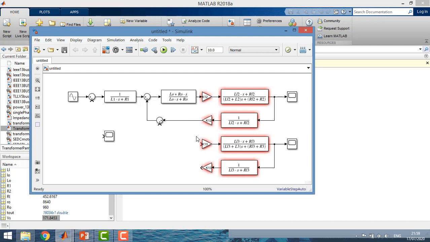So basically, the primary current, the induced EMF in the primary is linked to the induced EMF in the secondary and the tertiary windings.